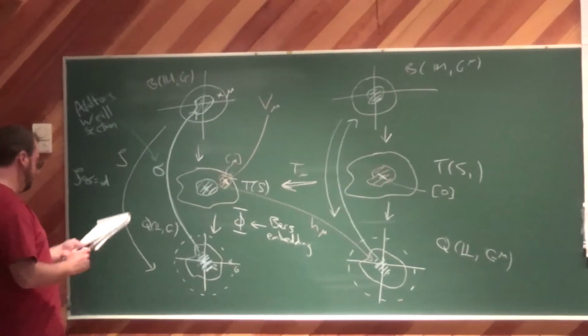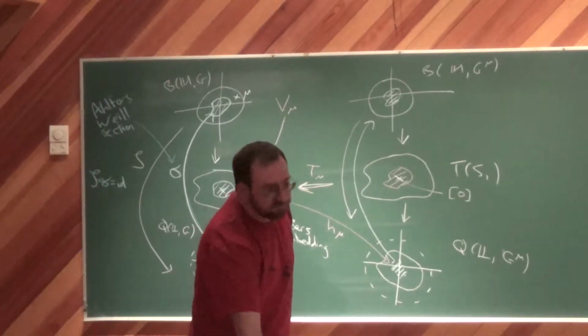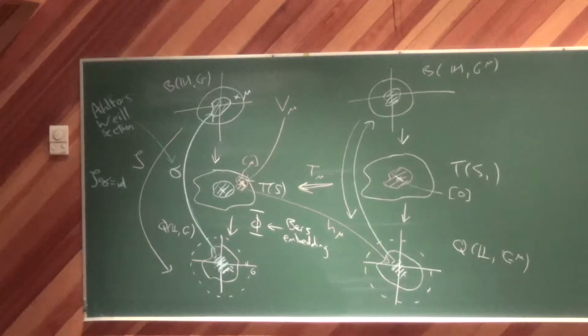I really want to wrap this up. So this says that A1 is sort of a pre-cotangent space, right?